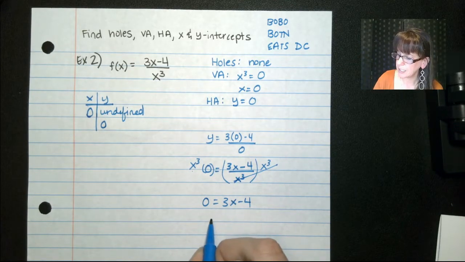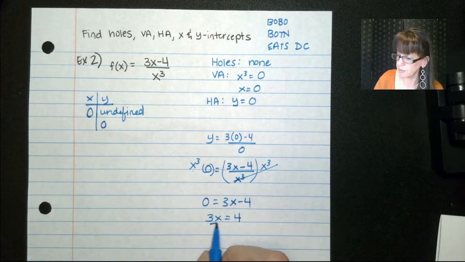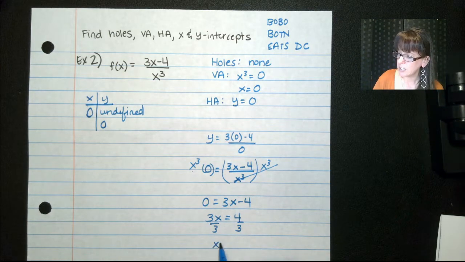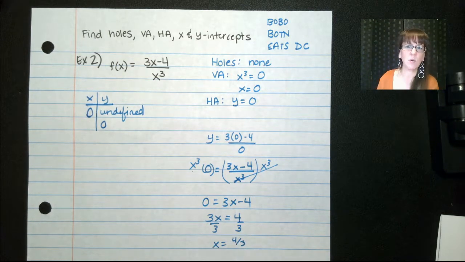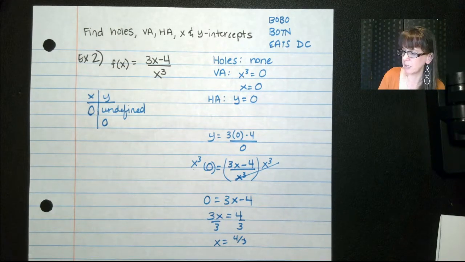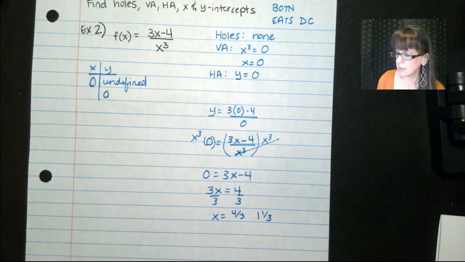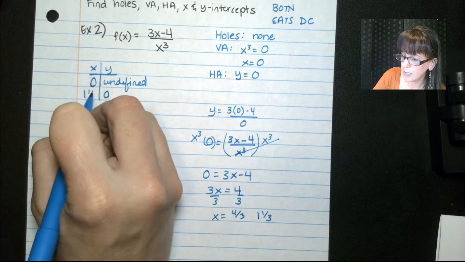Add 4 to both sides, I'm going to flip it around as well, 3x equals 4, divide both sides by 3, so x equals 4 over 3. This is one of the cases where it's a good idea to turn it into a mixed number, because 4 over 3 can be a little confusing, but if you say, oh, that's 1 1/3, that's a little bit easier to graph. So 1 1/3.